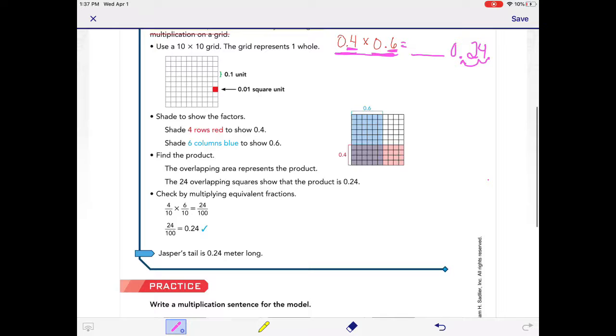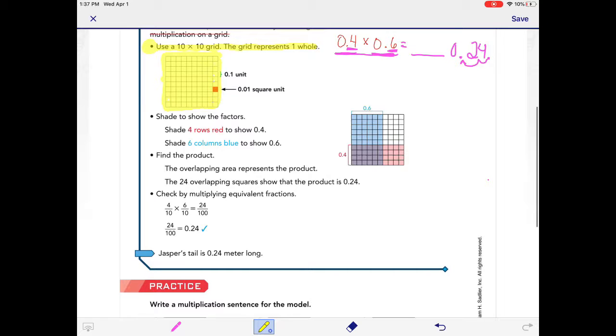So let's look over here where we have this. It says, using a 10 by 10 grid, the grid represents one whole. Okay, so this right here represents one whole, the number 1.